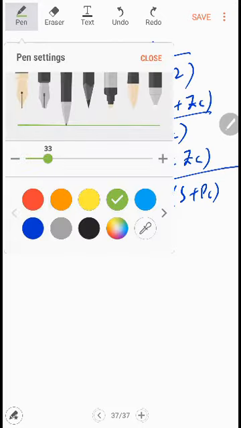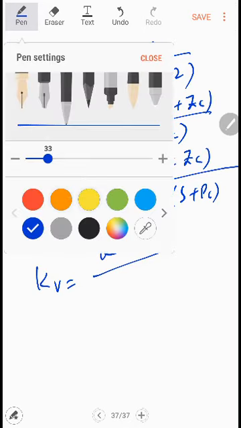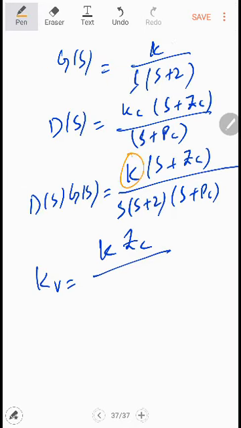So what will be the gain of the system in this case? Kv will be equal to the gain of the transfer function of the system, and then we have ZC multiplied by this, and this multiplied by this one, so you can say 2 multiplied by PC.